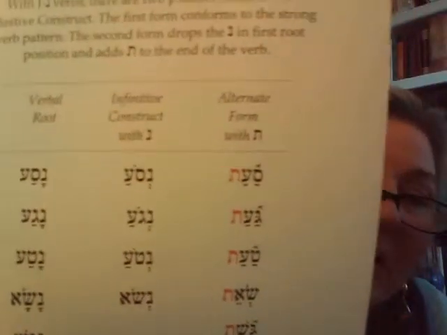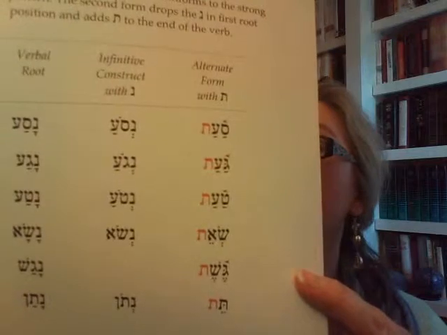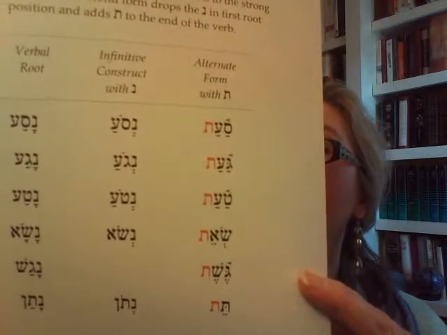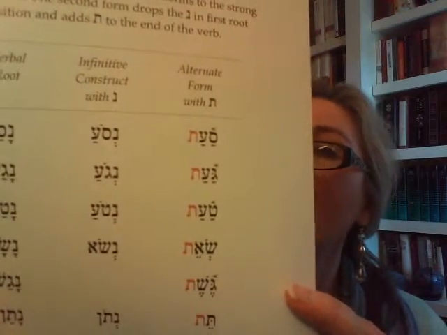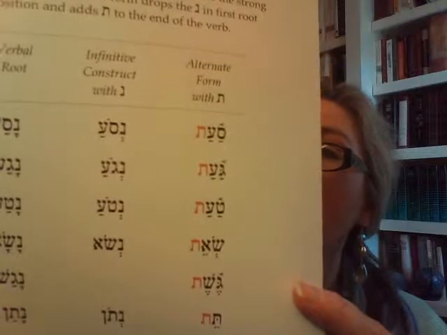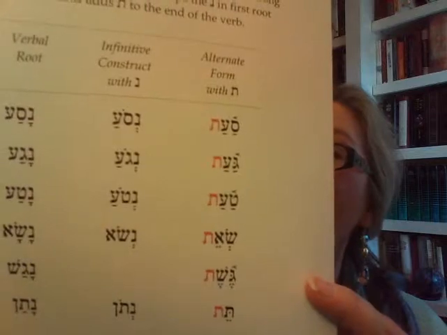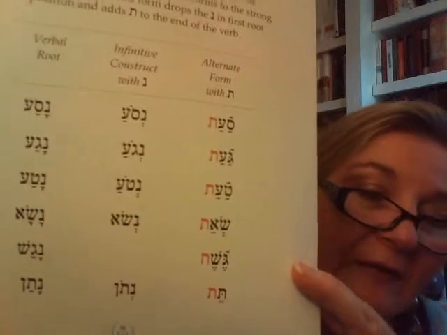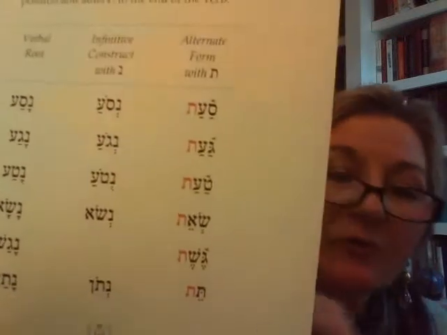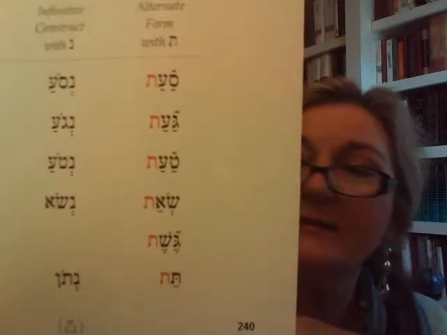Then, in its alternate form with the tav, that nun drops out, and what you end up with is seth instead of nasoa, geth instead of nagoa, teth instead of netoa, gesheth instead of neso, and you get the idea. Especially in this last form for Natan, you get basically tet.